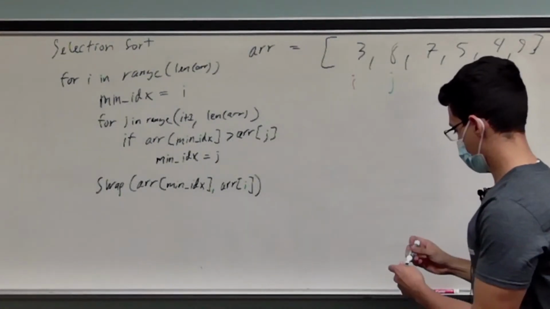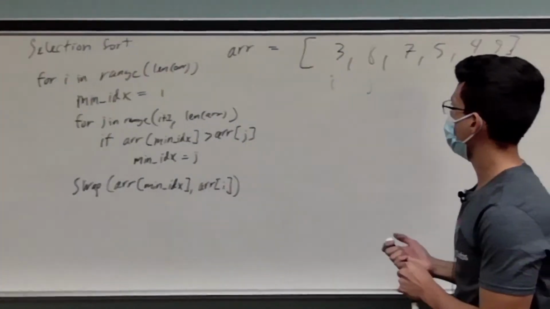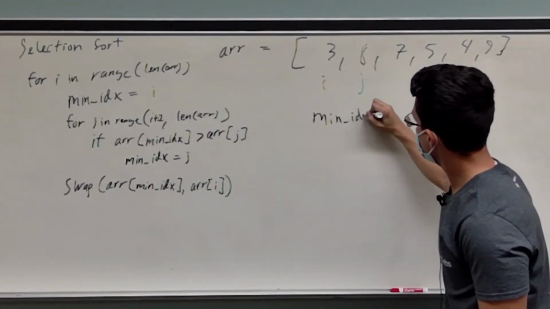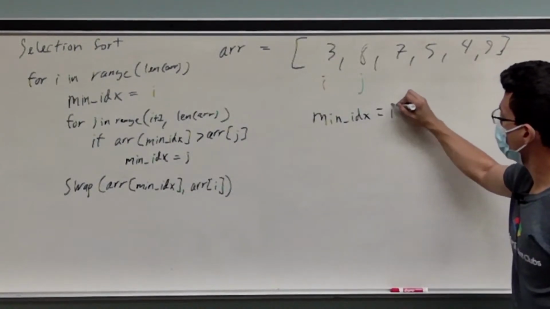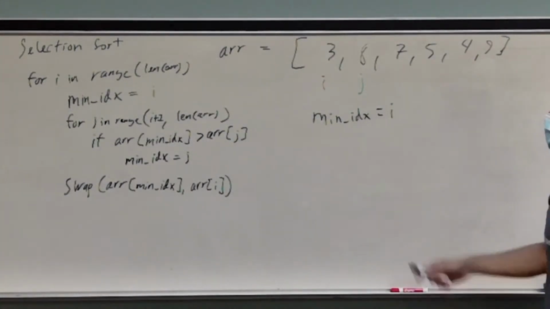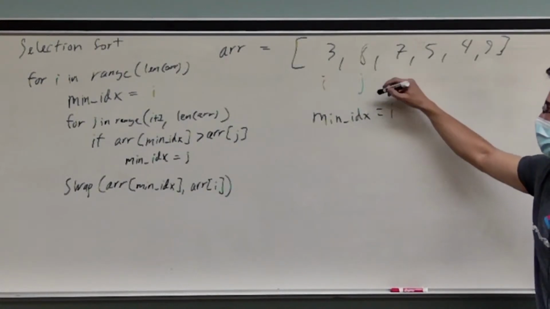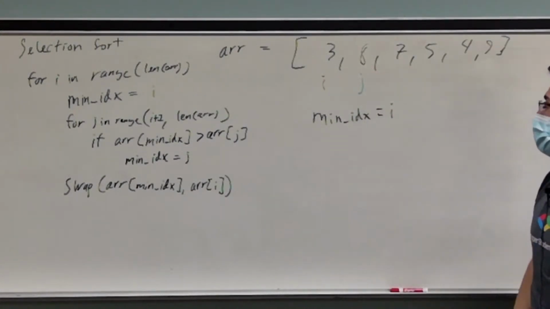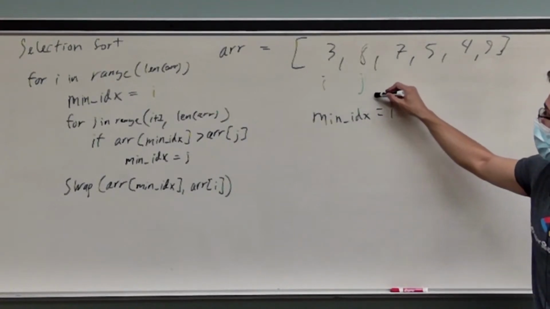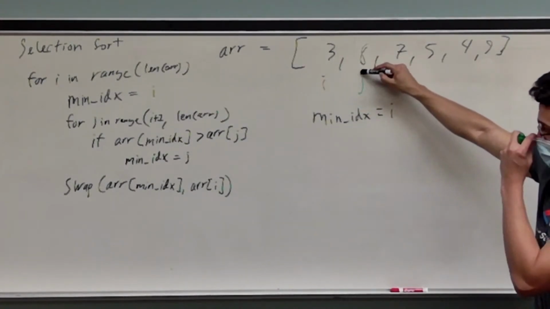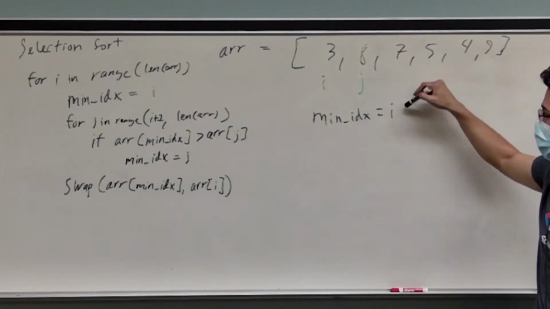J is here, and we're gonna store a min index somewhere. So our first index is I, right? So now we're at J. J starts at I plus 1. This is I plus 1, the one after it. Okay? And so we see, is this value bigger than this one? No. So we don't change it.